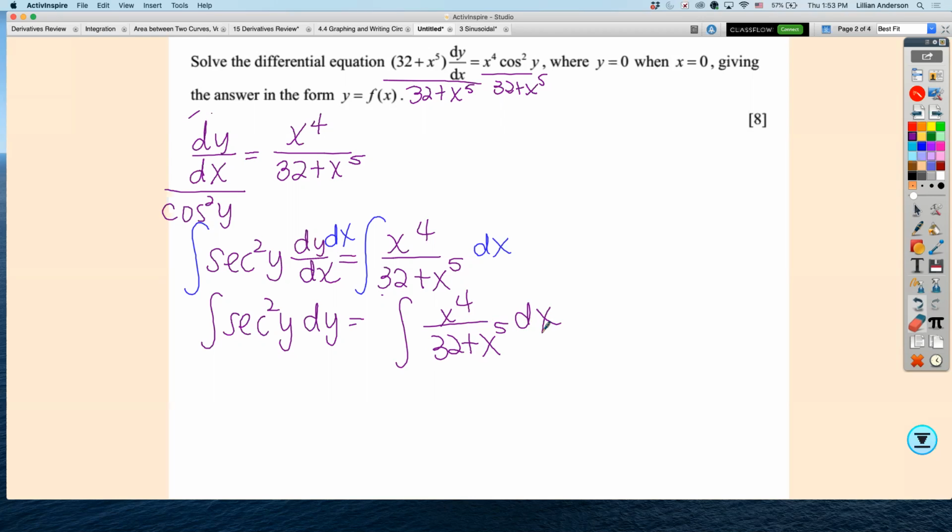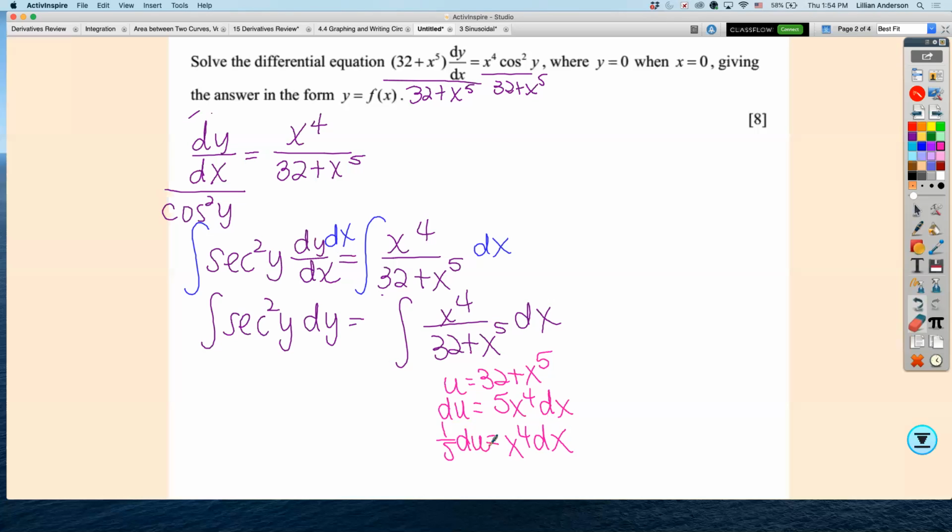So if I do u-substitution, I'm going to make u what? Yep, because what's du? 5x to the fourth. And since we're trying to make it equal x to the fourth, that means that we would have to divide by 5, right?